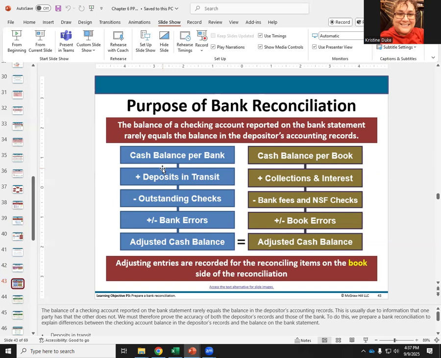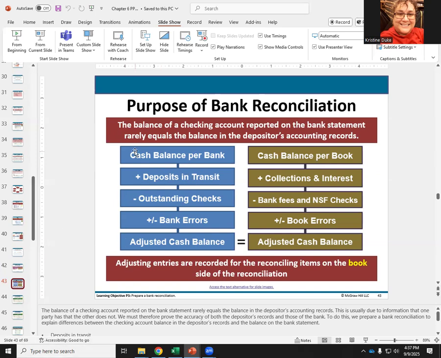If there's a deposit that I wrote, but the bank still does not have, that's considered a deposit in transit. That usually happens at the end of the month.